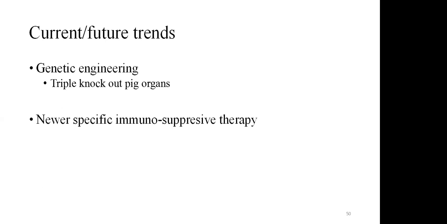So that antigen was actually knocked out, and then transplant was attempted. Still, there was rejection. So they later found out that there are two more antigens that needed to be knocked out. So these two other antigens were knocked out in a condition known as triple knockouts of these antigenic allogens on the pig.